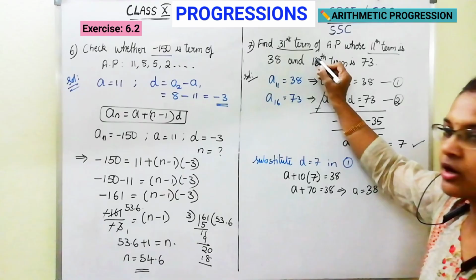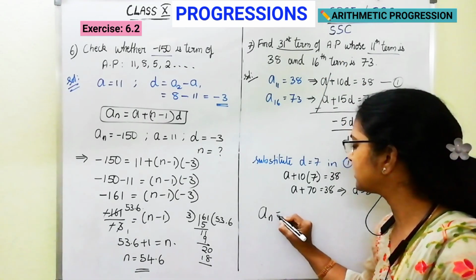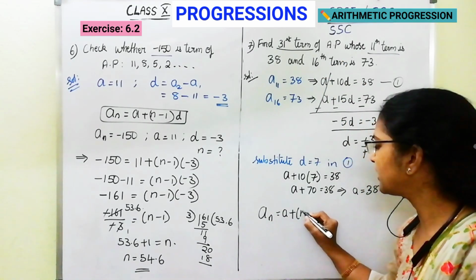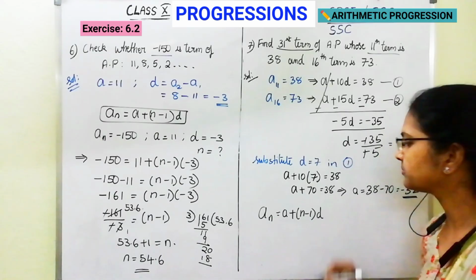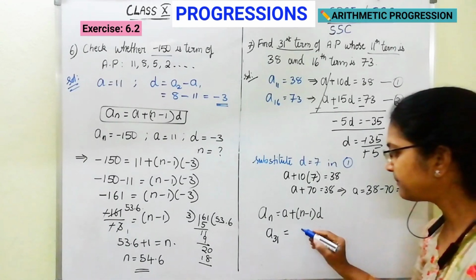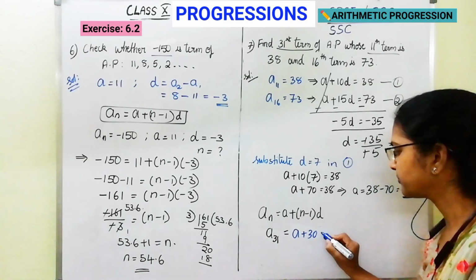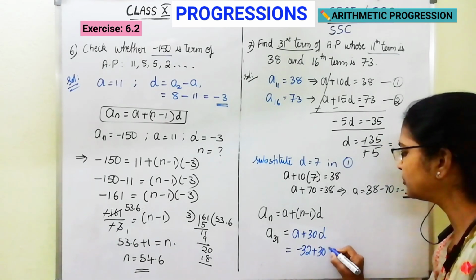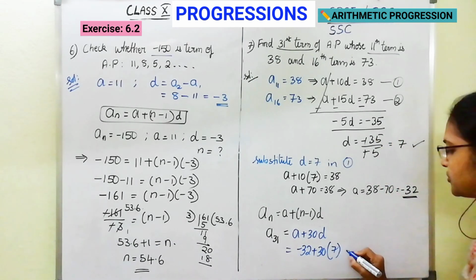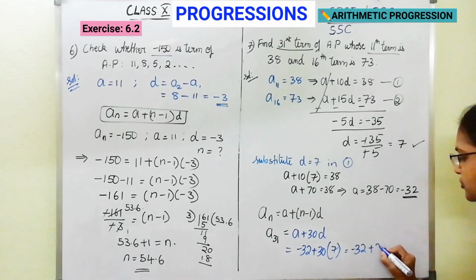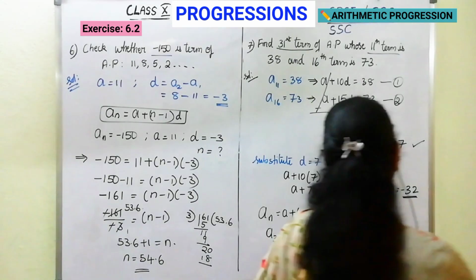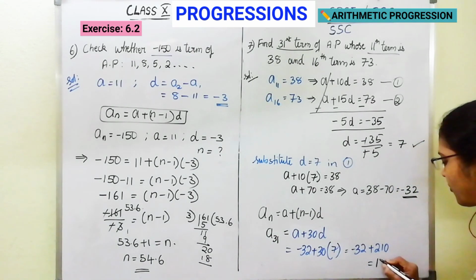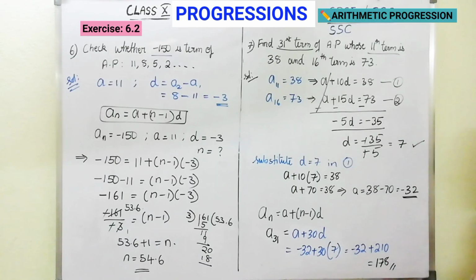The question is about the 31st term. An is equal to A plus n minus 1 into D. A31 means A plus 30D. A is minus 32 plus 30 into D, which is 7. So it will be minus 32 plus 210. Minus 32 plus 210 is 178. This is how we solve this problem.